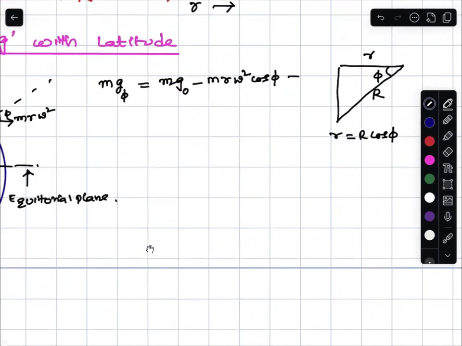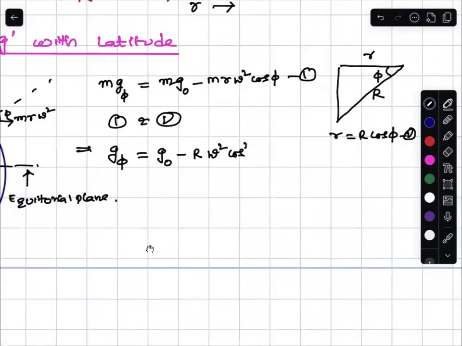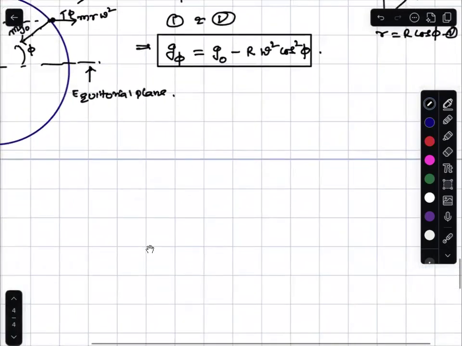Let this be equation 1 and let this be equation 2. 1 and 2 imply g phi is g naught minus R omega square cos square phi. So this is the expression for g as a function of phi.